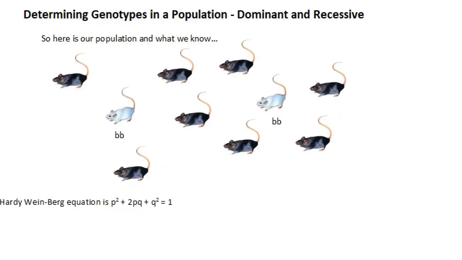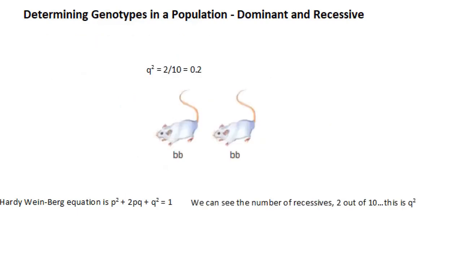Here again is Hardy-Weinberg. 2 out of 10 is q squared. So q squared, well, that equals 2 out of 10, or 0.2. We know that q squared is 0.2.